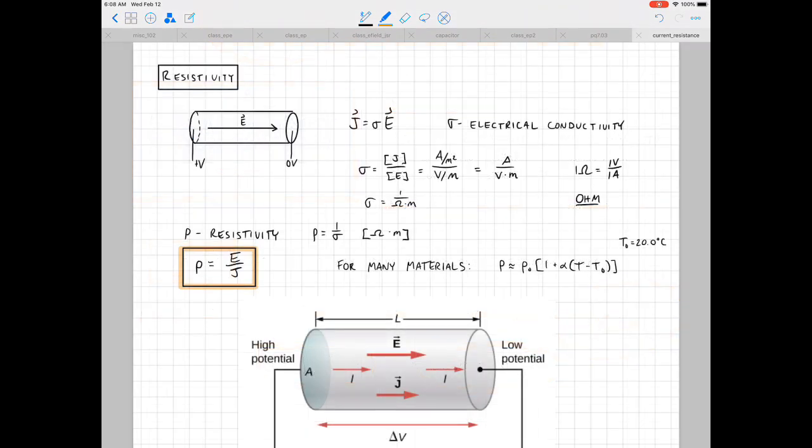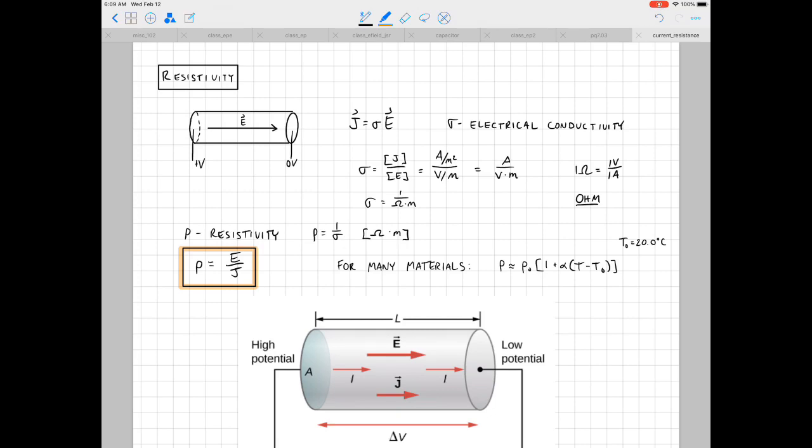All right, so if charges are moving through a material, I think the most obvious question to ask is, do charges move equally well through all types of material, or do charges move more easily through certain types of materials?